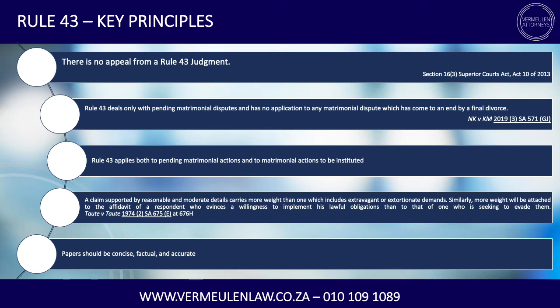Most of you will remember Dupree versus Dupree, where the court reiterated that the applicant has a duty uberrimae fidei, i.e. of the highest echelons of good faith, in deposing to their Rule 43 affidavit, and the court is justified in refusing relief on the basis alone that the applicant has failed to comply with their duty uberrimae fidei. So be aware that papers should be concise, factual, and accurate.